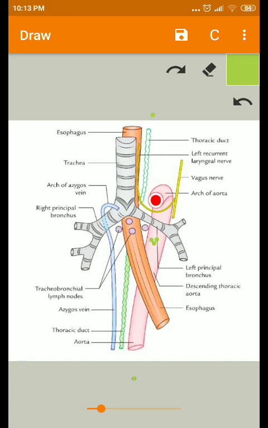regions: the retropharyngeal space, and spaces on each side of the trachea, and spaces on each side of the esophagus, and also the space between the trachea and the esophagus, and spaces between these tubes, and the carotid sheaths. The carotid sheath is a fibrous connective tissue which surrounds the carotid vessels in the neck.